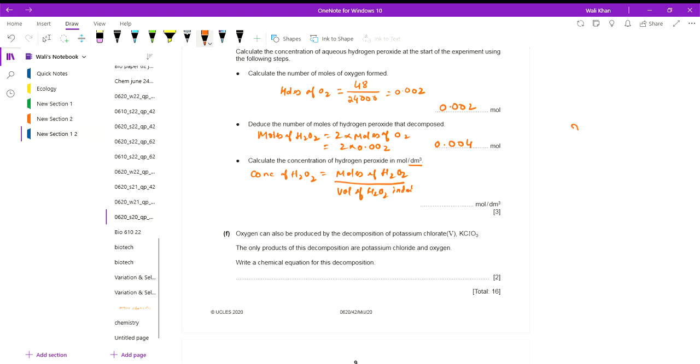To change into dm cube, 25 divided by 1000. आपके पास आएगा 0.02. अभी हम इसको इस तरह से राइट करेंगे.